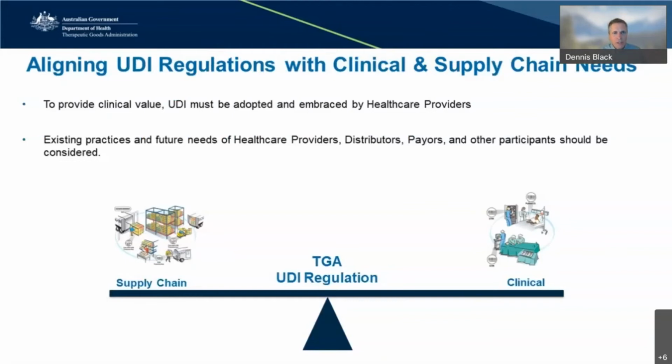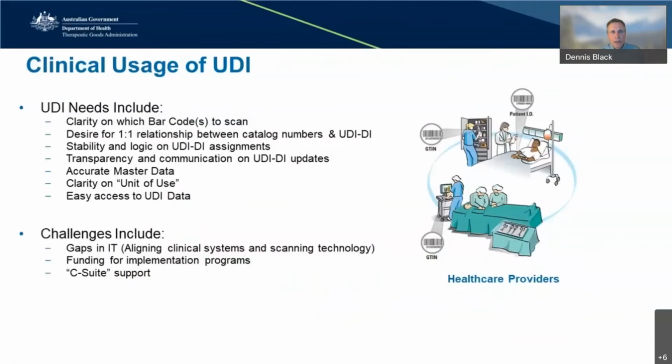Yes, you need to have something that's going to fit for safety and surveillance purposes, but if no one can use it, well, then I think UDI is not going to achieve its goals. So I think there's an important set of considerations that you're going to expect for both clinicians and for the distributors. If we look at clinical usage of UDI, these are the questions that are coming up in our market.